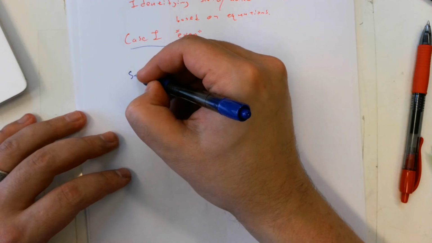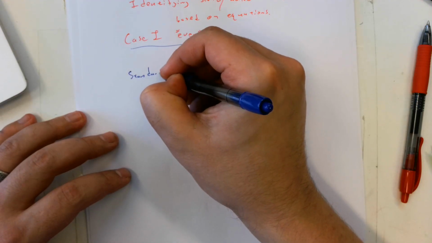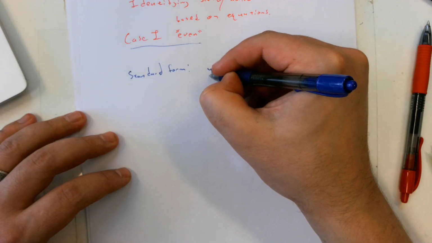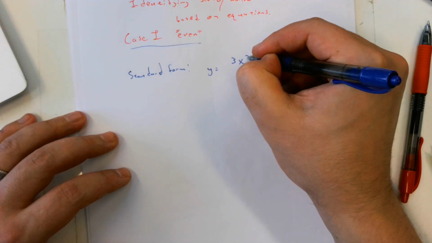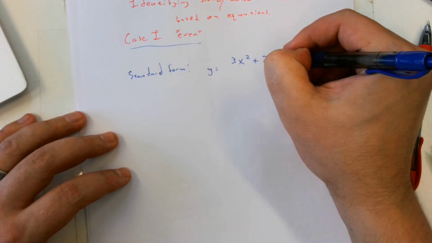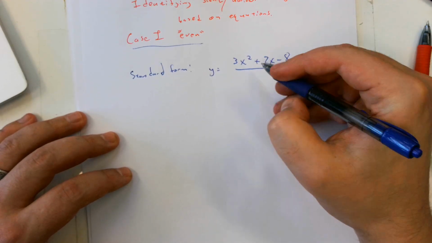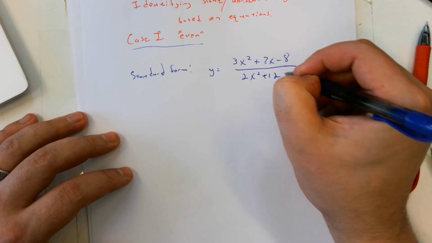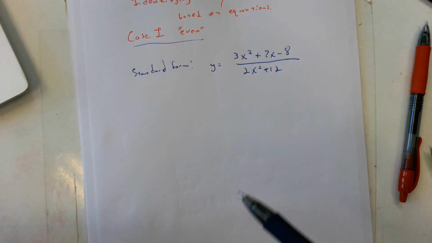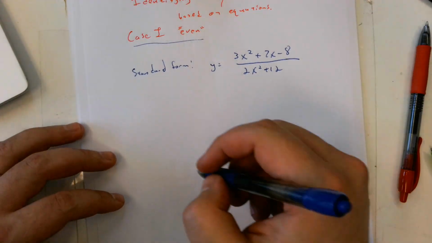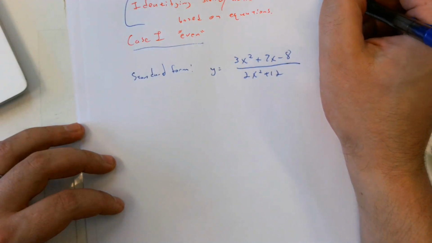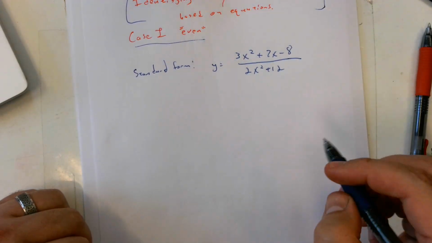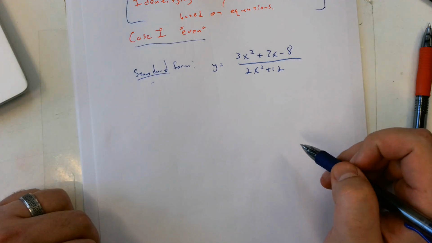If I'm in standard form, y equals 3x squared plus 7x minus 8 over 2x squared plus 12. Standard form, no parentheses, nothing's happening too much. And the task here is to identify the horizontal or slant asymptotes. Much easier in standard form.